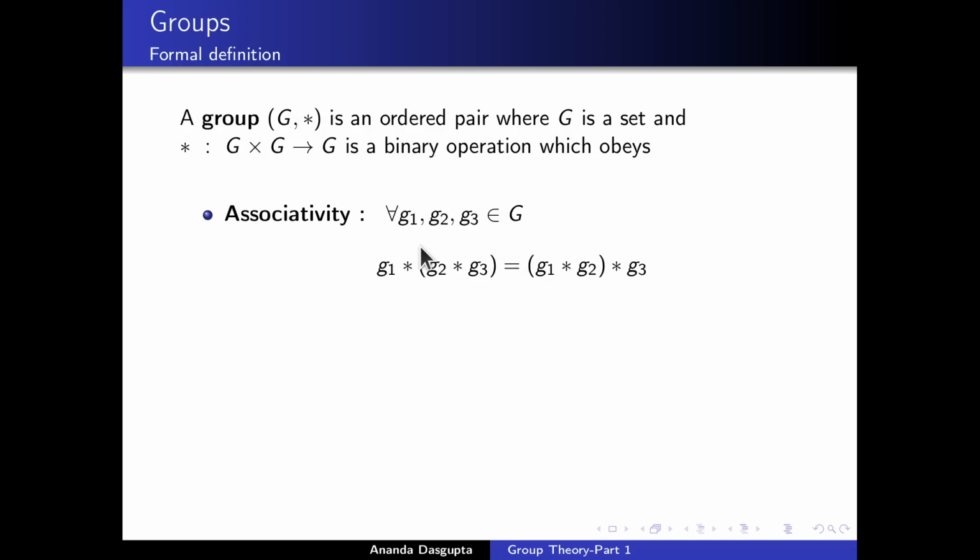You can either do g2 star g3 first, then do g1 star that, or you can do g1 star g2 first, and then do that star g3. Note that we are not making any statement about whether g1 star g2 and g2 star g1 are equal at this stage. And so the order in which the elements occur, we are not allowed to change that. However, how you associate these elements, whether you take g2 and g3 first and then g1, or g1 and g2 first, then g3, you should get the same result.